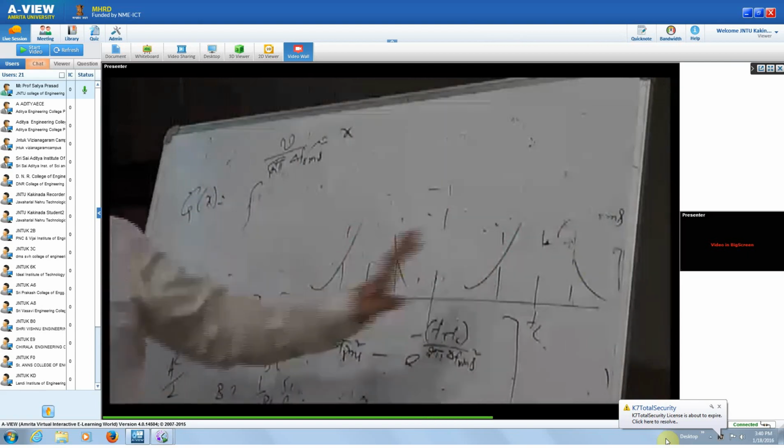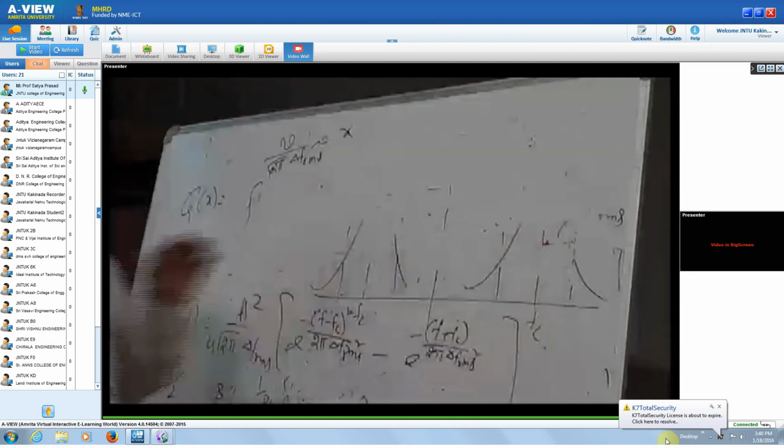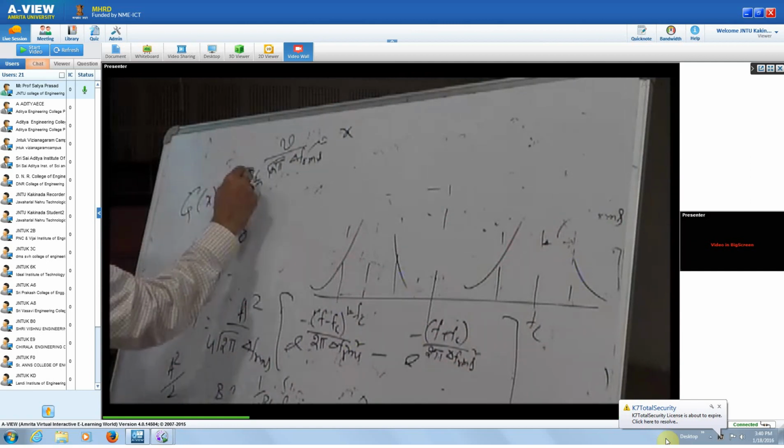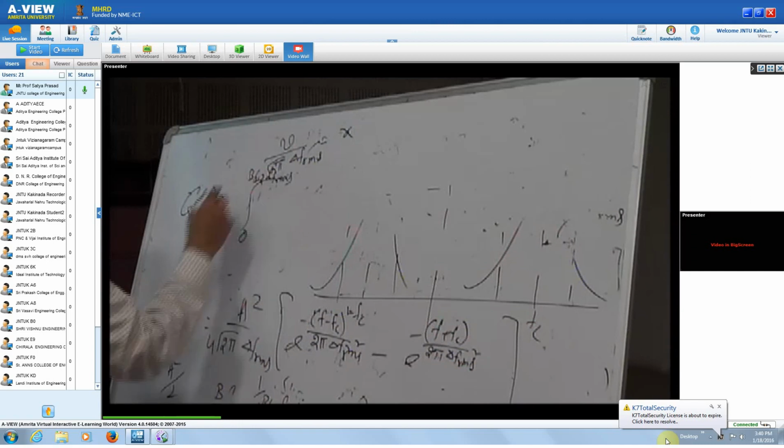So when you are having minus B by 2 to plus B by 2, you can say 0 to B by 2, twice. Okay. Therefore, this I will put as B by 2, and we will be having this.